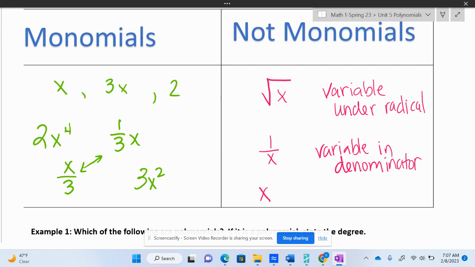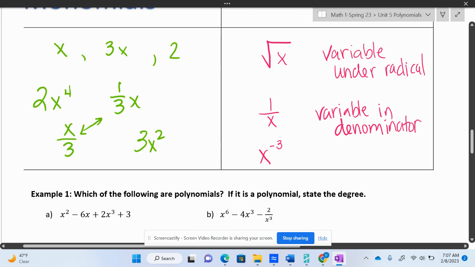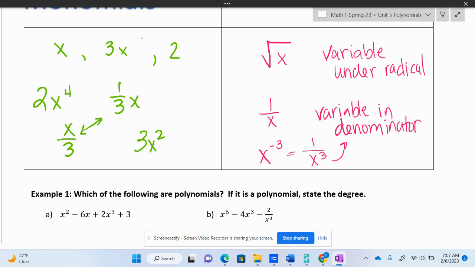And when you raise the variable to a negative exponent. Why? Well, because remember, when you have a negative exponent, that means you drop it positive, and again, you have a variable in the denominator. So no negative exponents on the variable.